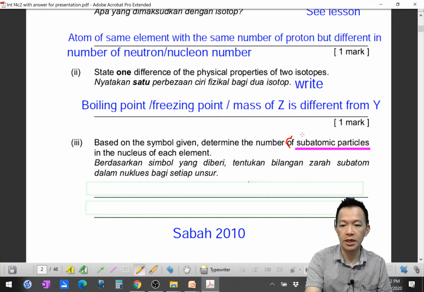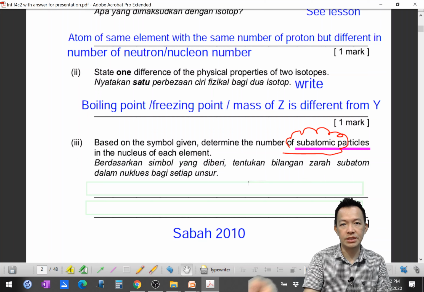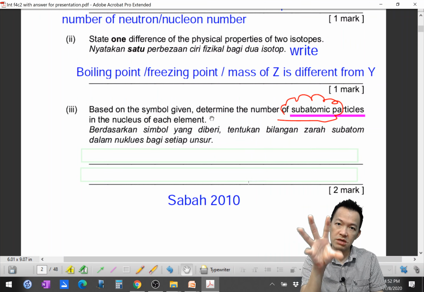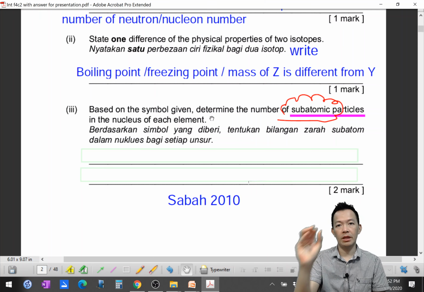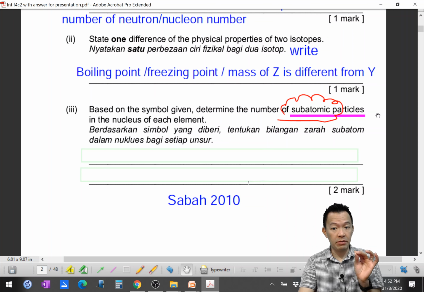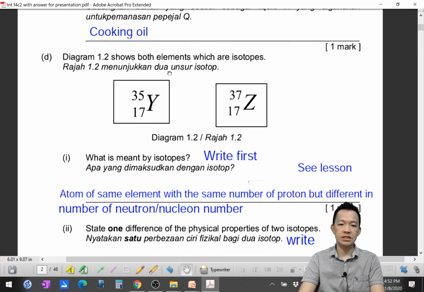我有讲错吗？Okay, so in the classroom, if I waiting for your answer, 他们照样错，10个里面错5个，只要10个做到5个，我就心满意足了。那一天我就很快乐，起码我救了5个。Okay, so determine the number of subatomic particles in the nucleus of each element. 它的 nucleus 37、35，对不对？So for the Y, the proton is 17, and the neutron. Proton, neutron, electron 就叫 subatomic particle 啦.